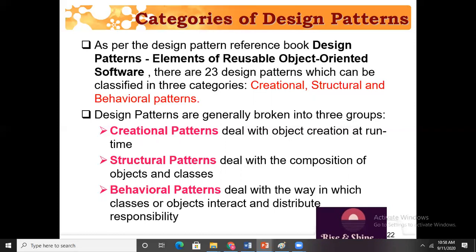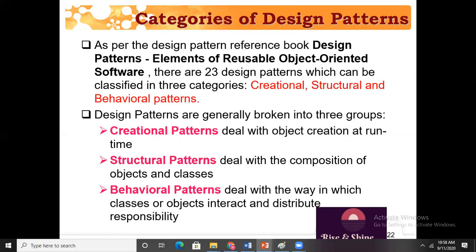They deal with the way in which classes or objects interact with each other and distribute responsibilities among themselves. So there are three types: creational, structural, and behavioral design patterns.